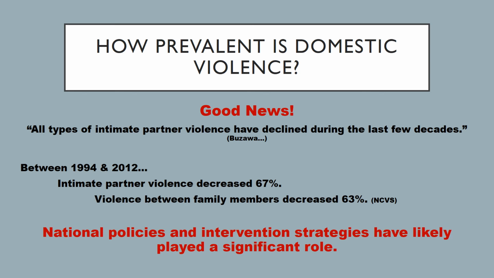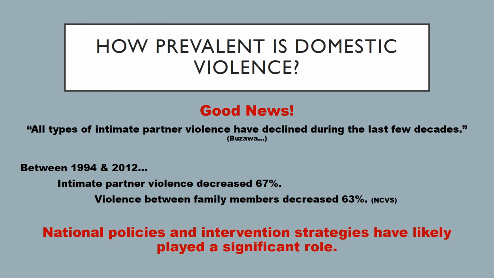And as you can see here from the National Crime Victimization Survey, between 1994 and 2012, measures of intimate partner violence decreased 67%, and violence between family members decreased 63%, right? Wonderful things.